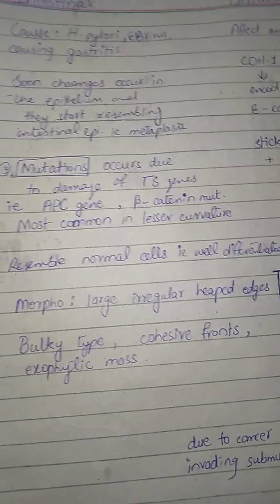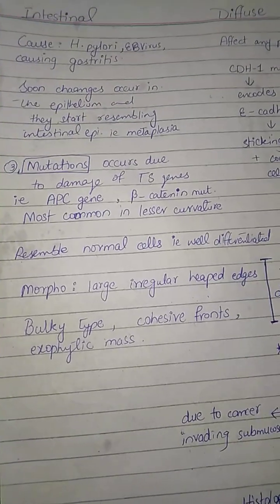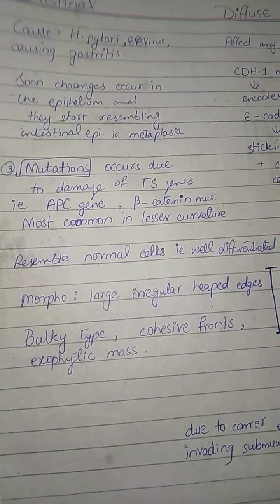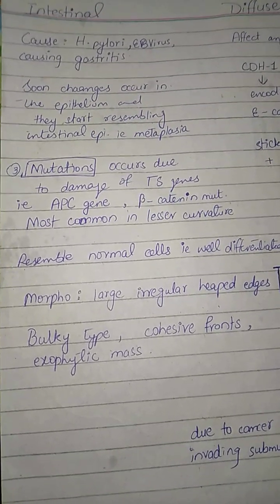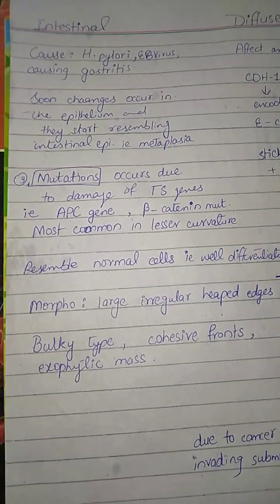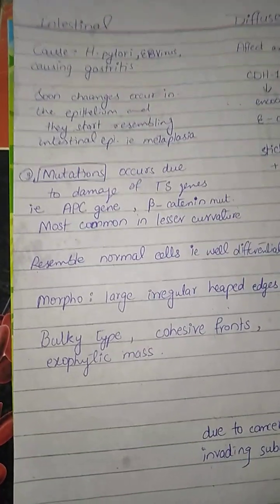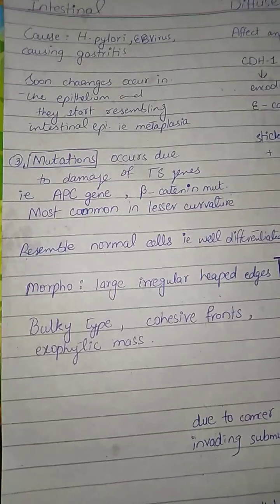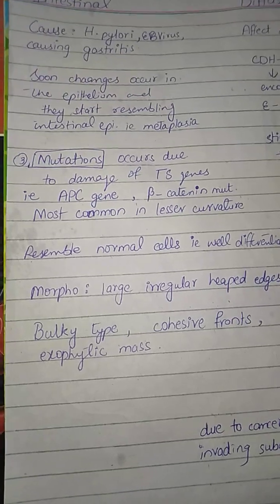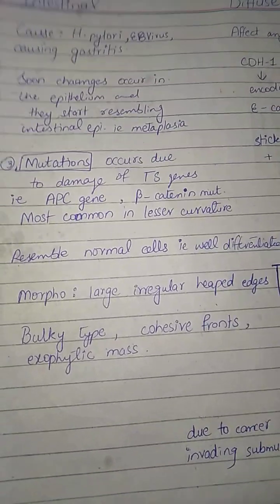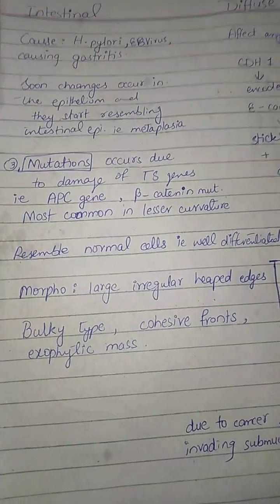Now, the morphology of the intestinal carcinoma is that it is irregular, large, and with heaped edges. What will be seen with the naked eye will be a bulky tumor, cohesive fronts, and exophytic mass.